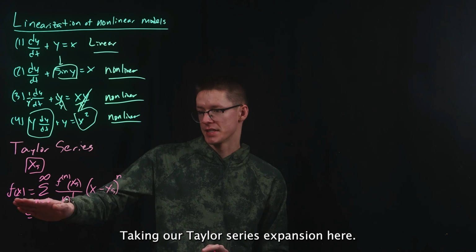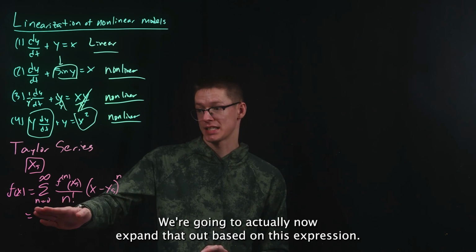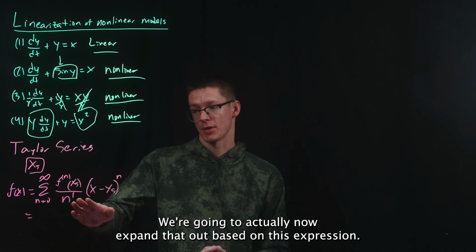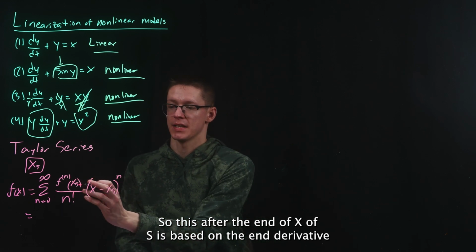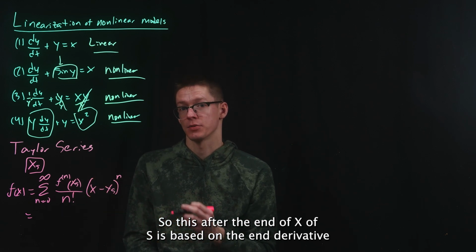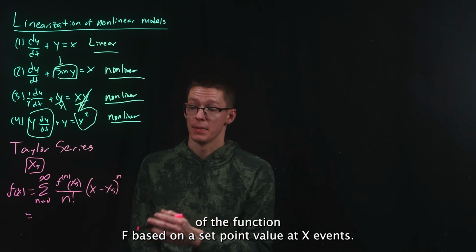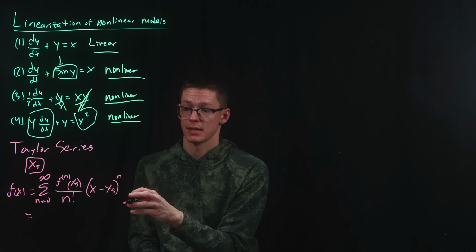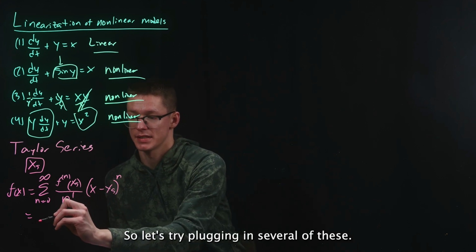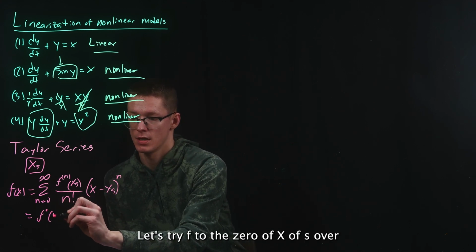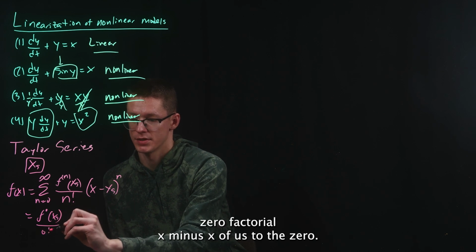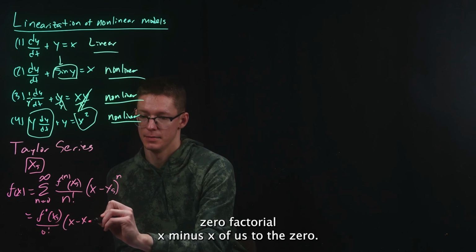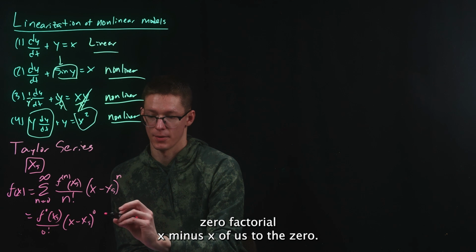Taking our Taylor series expansion here, we're going to actually now expand that out based on this expression. So this f to the n of x of s is based on the nth derivative of the function f based on a set point value at x of s. So let's try plugging in several of these. Let's try f to the 0 of x of s over 0 factorial times x minus x of s to the 0.